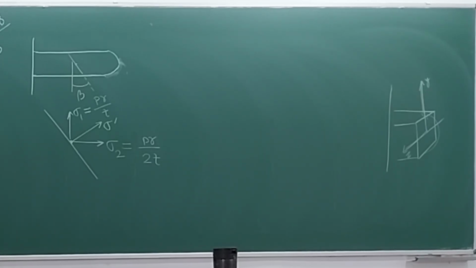If the pressure is too much, then the weld will not be able to sustain that joint. It will just come apart. If this sigma dash exceeds the allowable weld strength, it is going to come apart. It is going to be a disaster. So that sigma dash is what you have to find out.